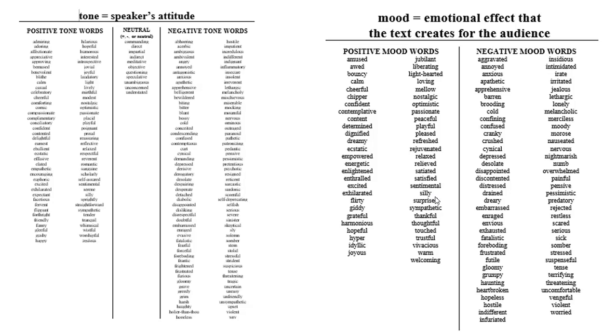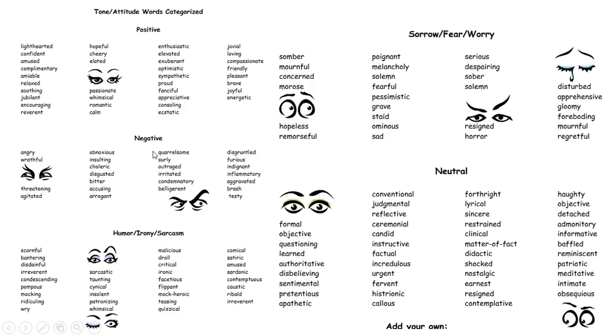These all create moods, an emotional effect that we have after reading something or even seeing something. And the tone is the speaker's attitude. Other commonly used tone and mood words also: sorrow, mournful, hopeless, remorseful.